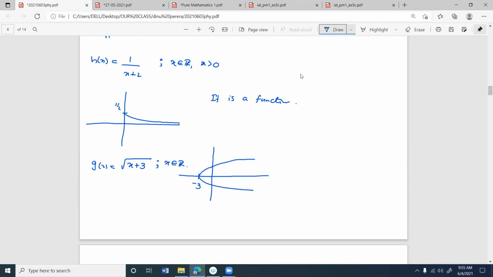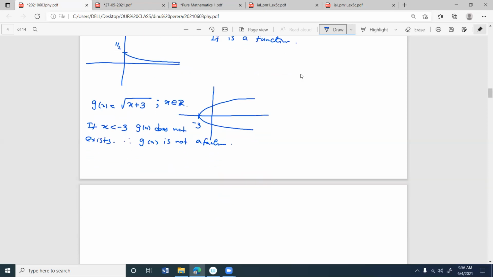It does not exist, right? So therefore it's not a function. If x is less than minus 3, g(x) does not exist. Therefore, g(x) is not a function.